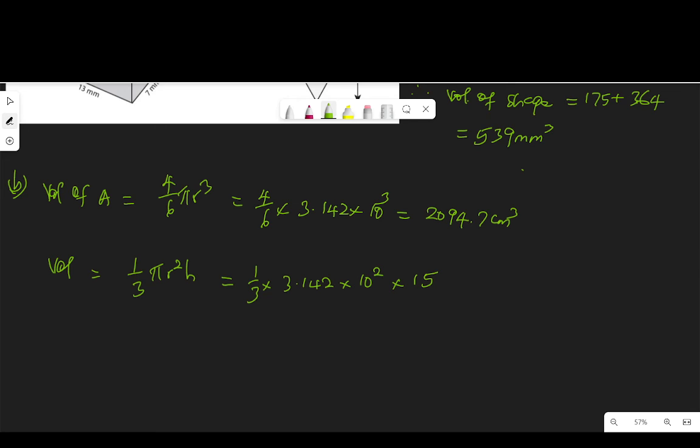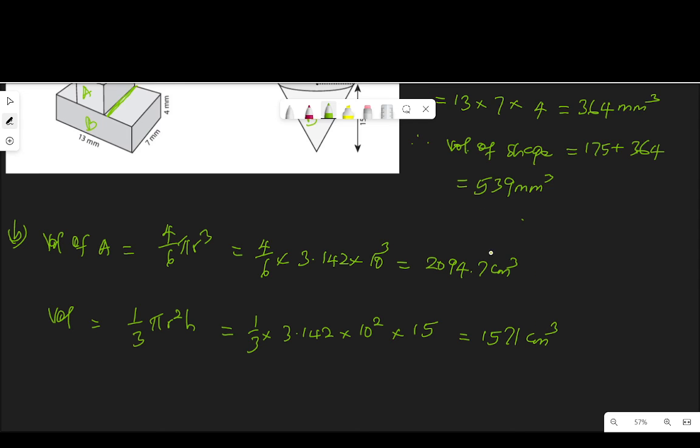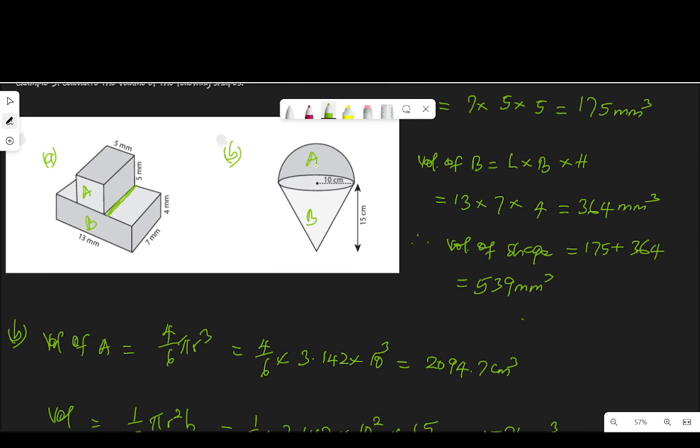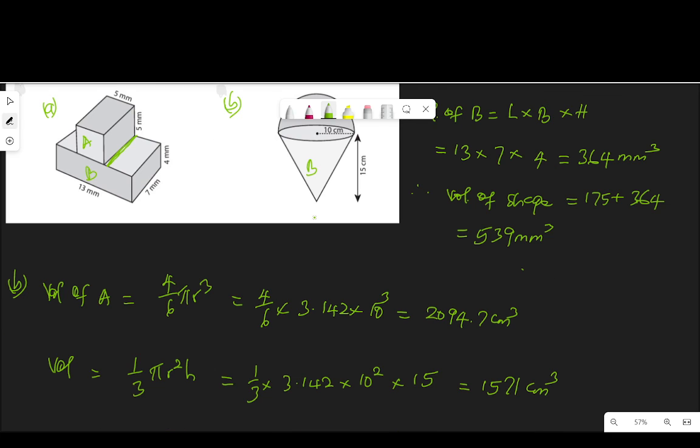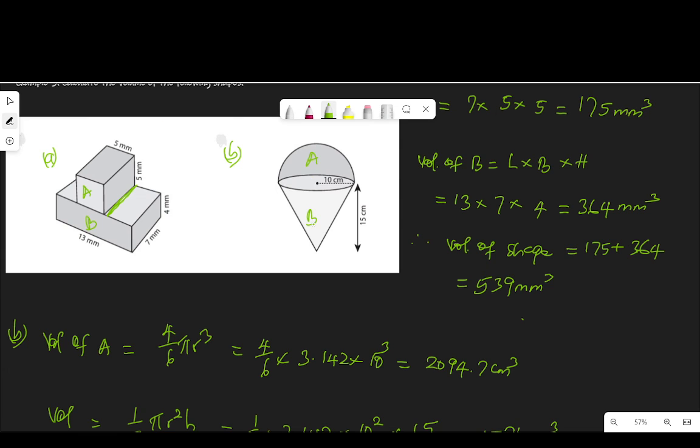Okay, 4,713 divided by 3 is 1,571. 1571 centimeter cube. So we know the volume of hemisphere A and the volume of the cone, which is B in this case.